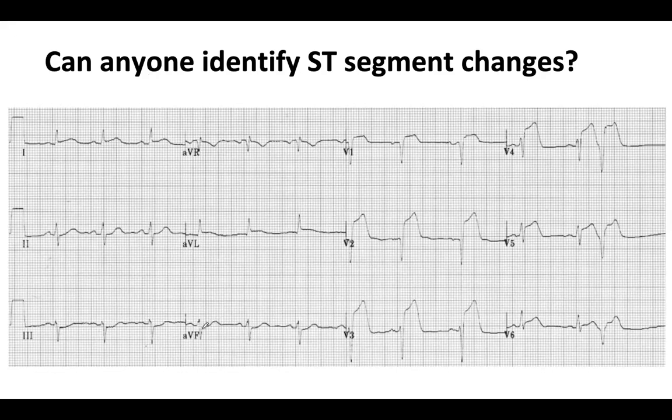So reciprocal changes are basically changes opposite to where the territory of the infarct is. So say there's ST elevation here, in the area opposite to the infarcted territory there'd be depression. So in the inferior leads, we're seeing depression here.